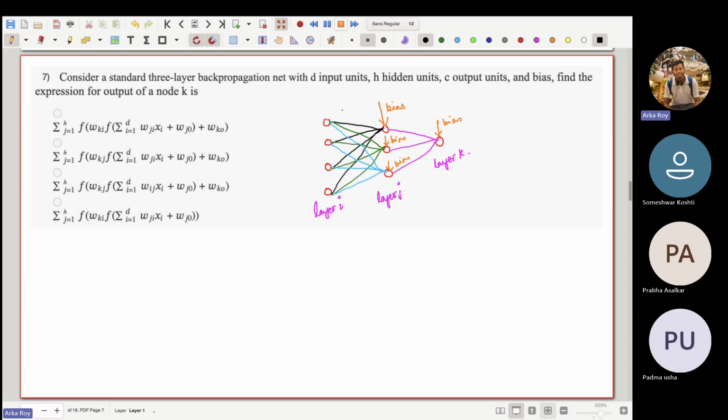So this is layer J and this is layer I. So how will you represent the weights? Weight is Wji. So the nomenclature is like this: you write the upcoming layer's notation and then the previous layer's notation, that is Wji. Similarly over here, the upcoming layer is K and the previous layer is J. So therefore you can write Wkj.